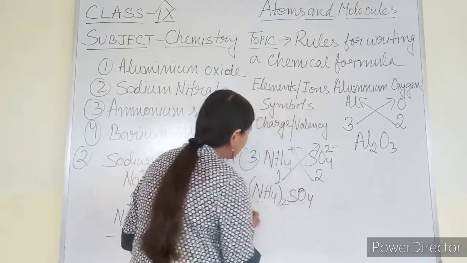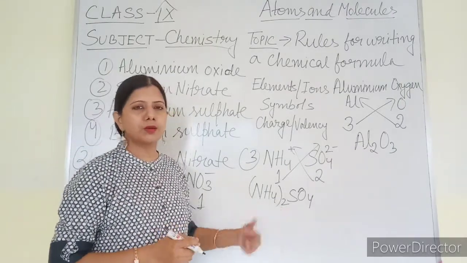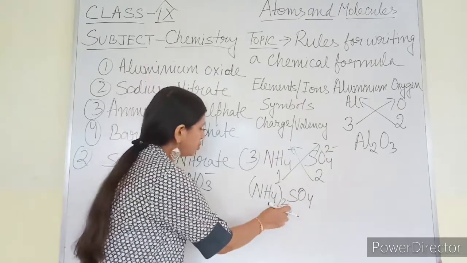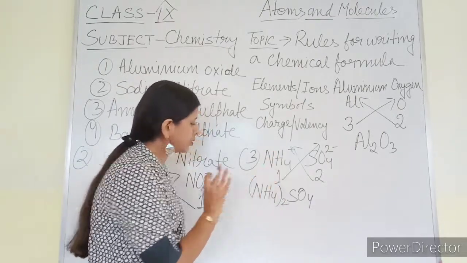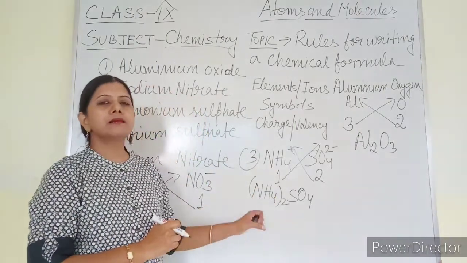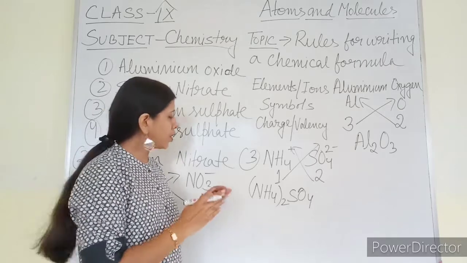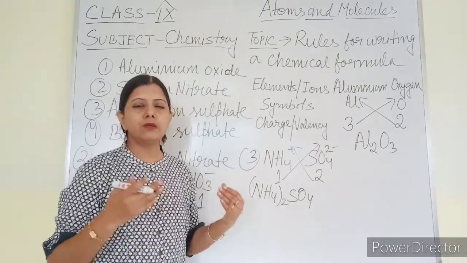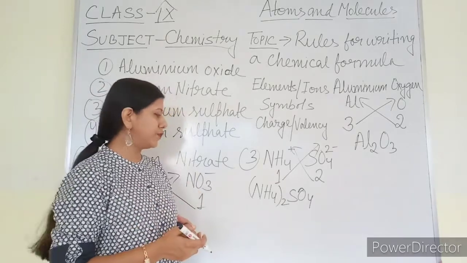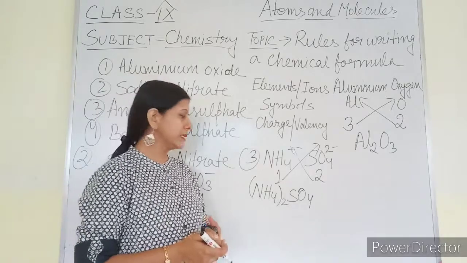When the whole radical has 2 or 3 or whatever number, it is written in a bracket because this 2 is for nitrogen also, hydrogen also, for everything. So I have to write a bracket, and generally this is termed as whole. We say NH4 whole 2 SO4 or NH4 group 2 SO4. In this way we will say.